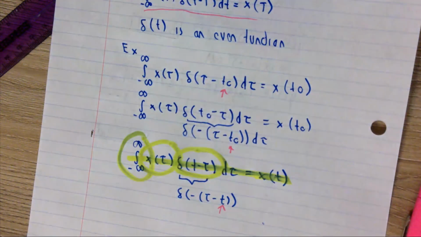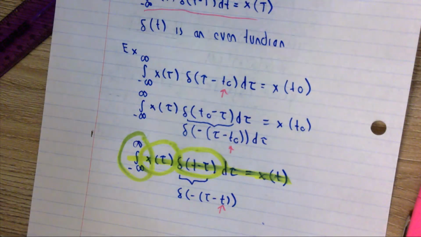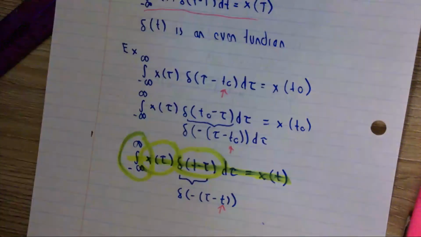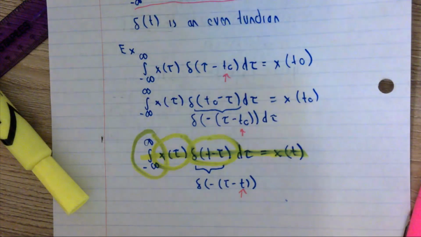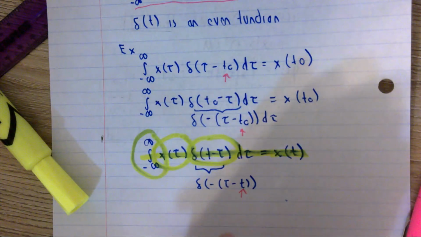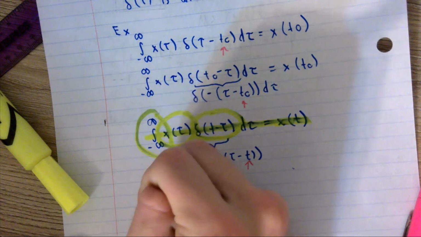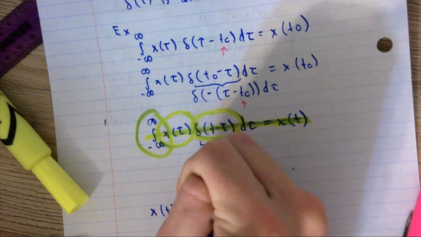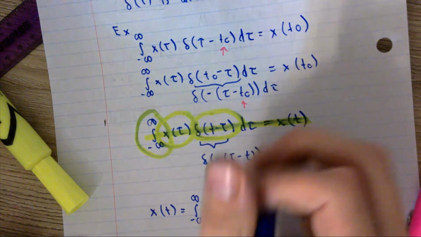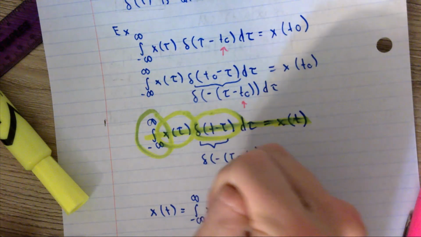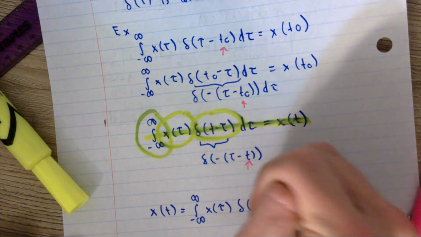And now that we have covered that, we're going to get to the convolution integral coming up soon, and that's going to be a big one. But just to re-emphasize, because it's so large in all 310, it's the one property you should know: x of t is equal to the integral from negative infinity to infinity of x of tau delta t minus tau d tau.